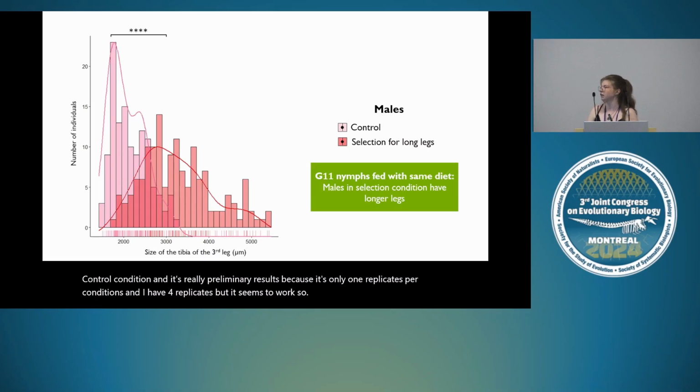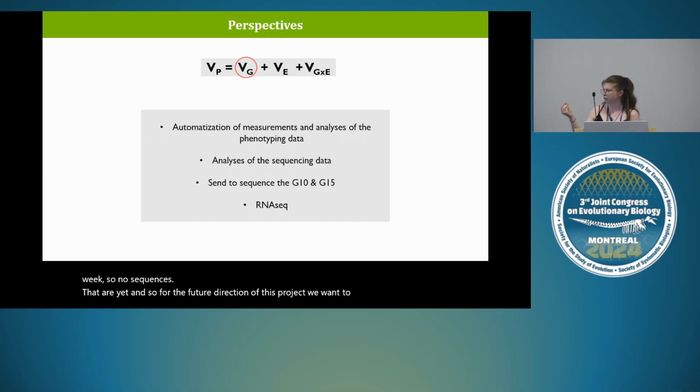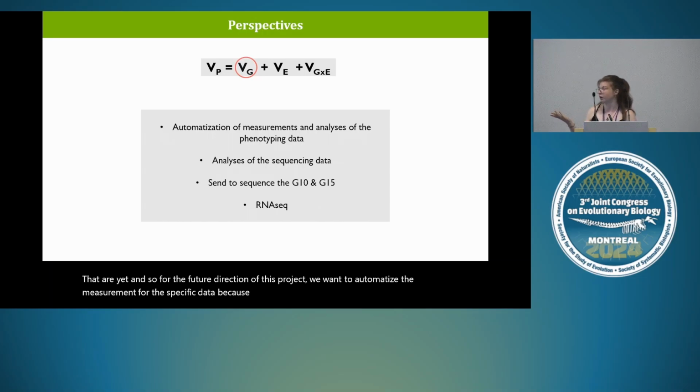Here I only have phenotypic results because we only received the sequences last week, so no sequencing data yet. For the future direction of this project, we want to automate the measurement of the phenotypic data because it's really long. This is why it's only a preliminary result, because I have thousands of individuals per generation.